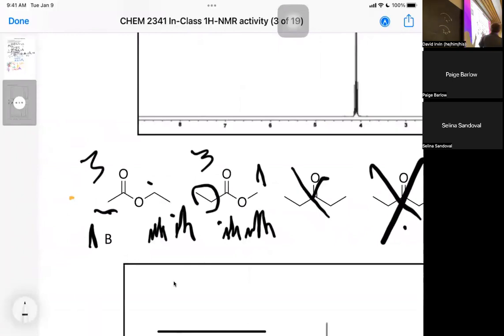So which does that mean? Is it the first one or the second one? It has to be the first one because this one is further downfield and it has to be a quartet. Does that make sense? Because this right here, the quartet would be down near 2, because things down near 2 are next to carbonyls.